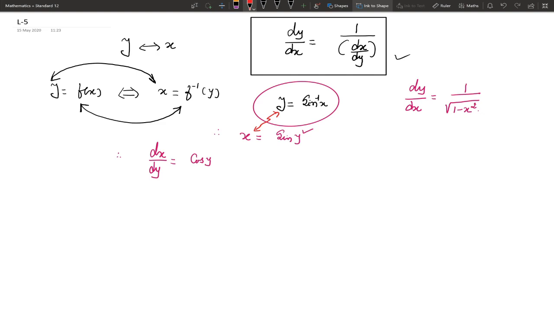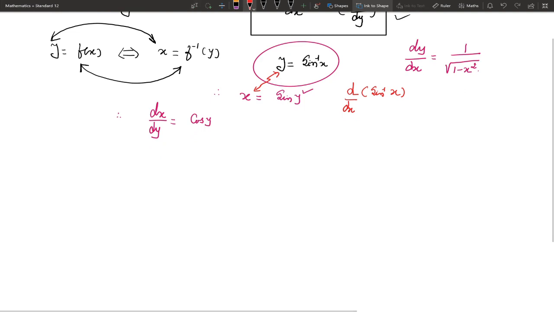So d by dx of sin inverse x is nothing but dy by dx, because y equal to sin inverse x.